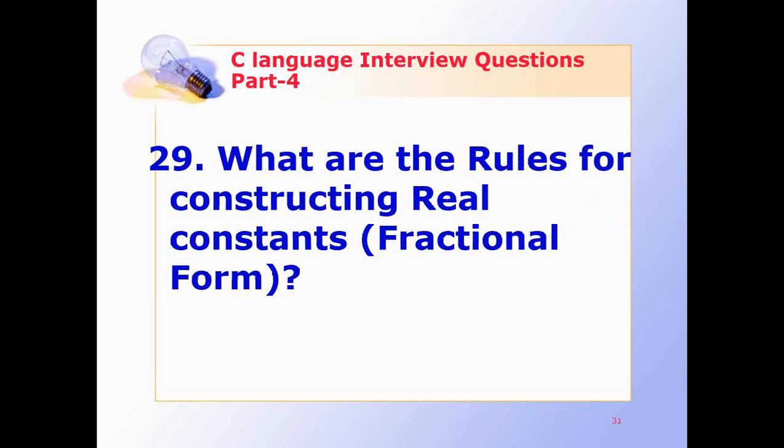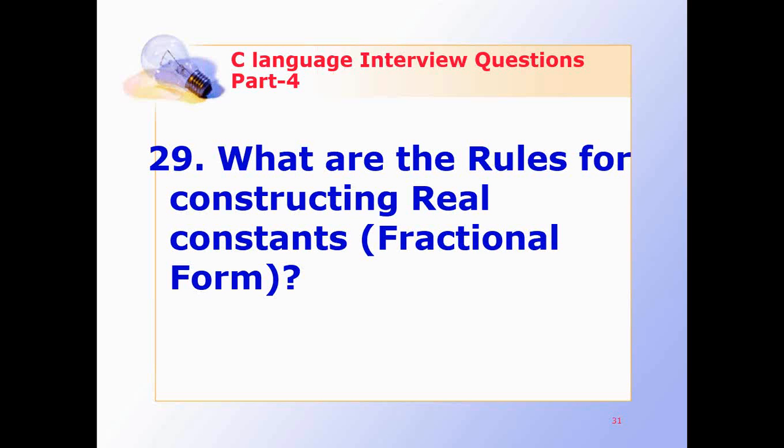What are the rules for constructing real constants in fractional form? The rules are: a real constant must have at least one digit, it must have a decimal point, it could be either positive or negative.